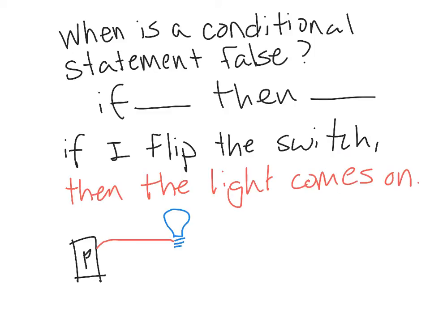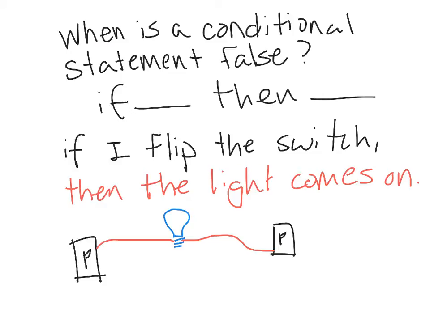On the other hand, if I don't flip the switch and the light does come on anyway, that doesn't really affect my statement either, because it's possible that somewhere there is another switch. Who doesn't have a light bulb in the house like this that's connected to the light? Maybe someone flipped that switch. So if I don't flip the switch and the light still comes on, again, that doesn't disprove my statement.